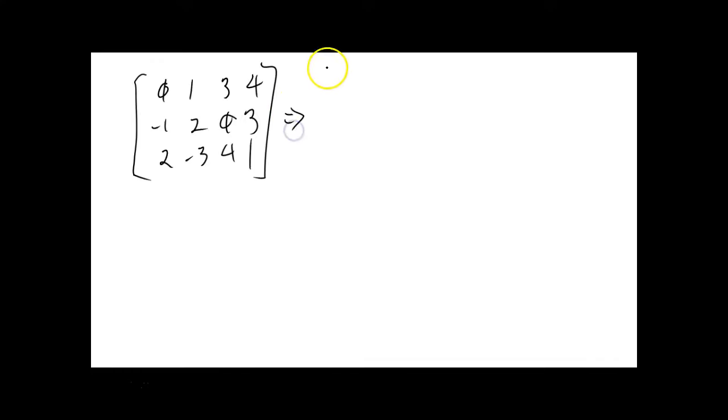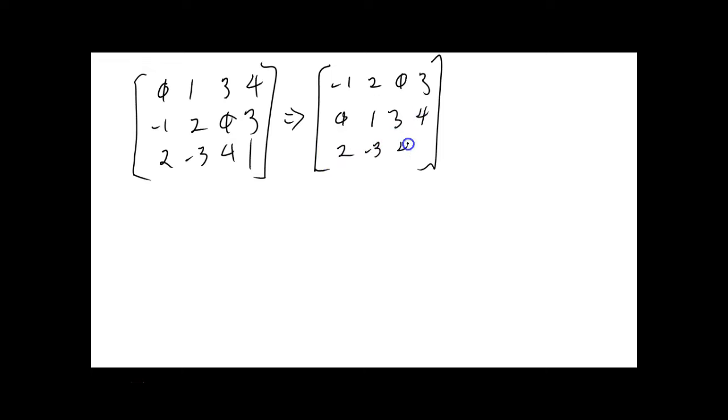So an equivalent system of matrix would be negative 1, 2, 0, 3. Don't just change the first two entries. You've got to change the entire rows. 0, 1, 3, 4, 2, negative 3, 4, 1. Now, when I'm doing that, here's what I usually do.